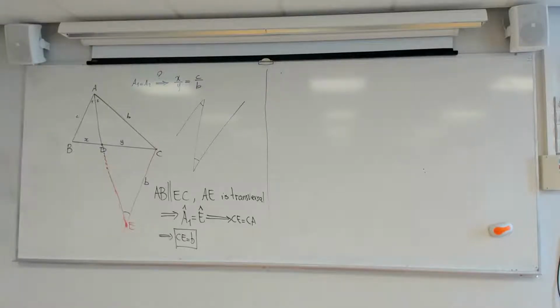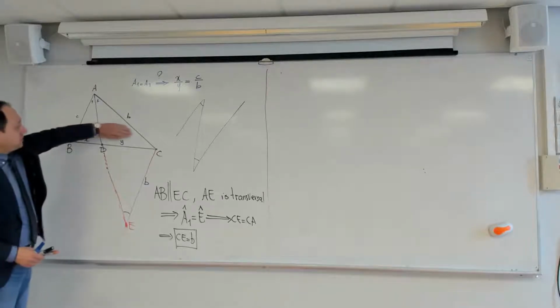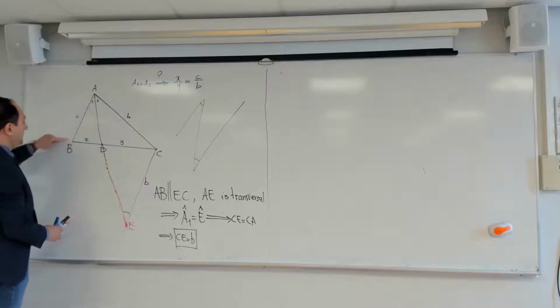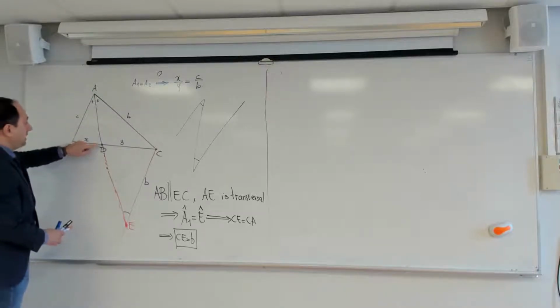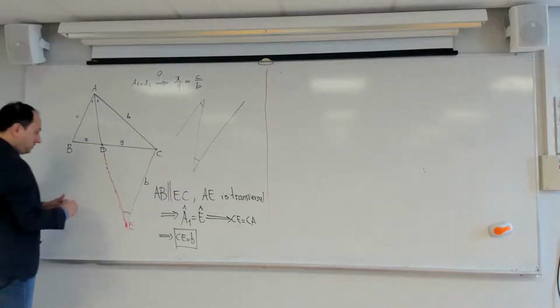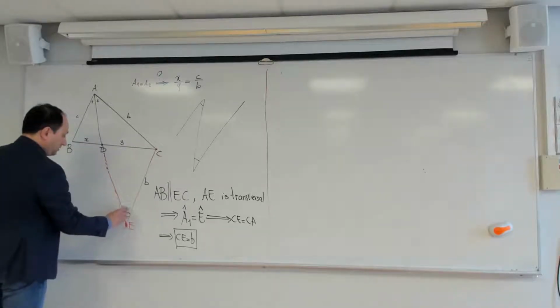But now I forget about this part and I concentrate on these two triangles, meaning triangle ABD and triangle DCE. Let me bring this to your attention.